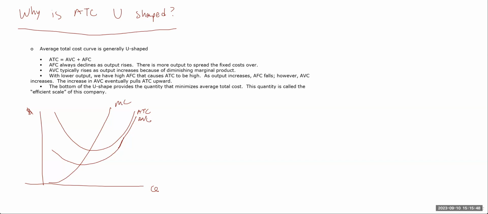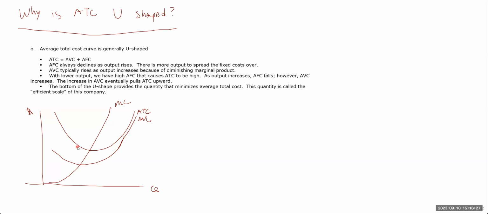In the beginning, meaning when quantity is super low, average fixed cost is super high. And that causes average total cost to be super high with low outputs. That's why average total cost starts really high. As quantity increases, average fixed cost declines, and that causes the average total cost to decline as well.